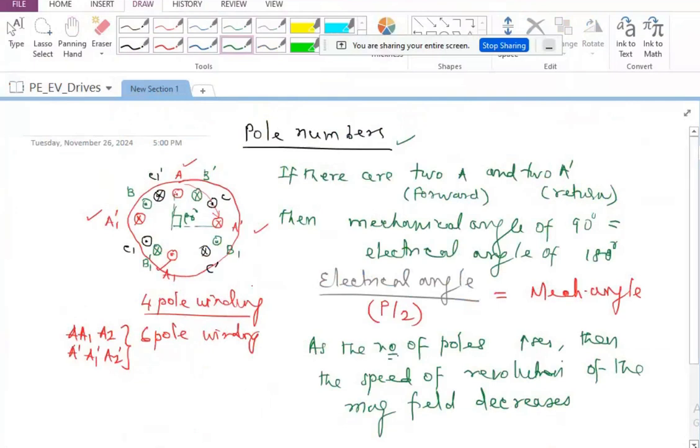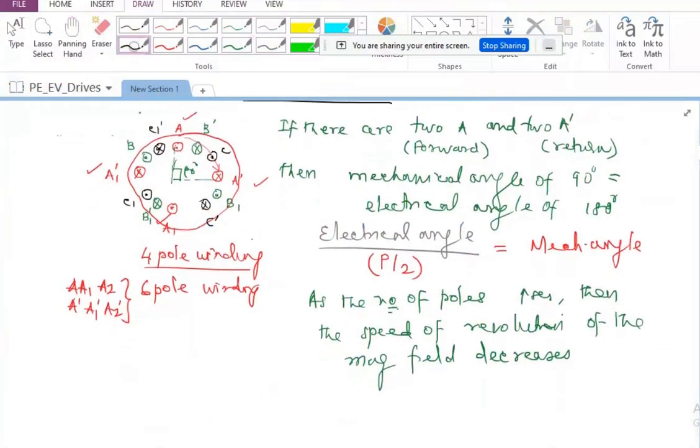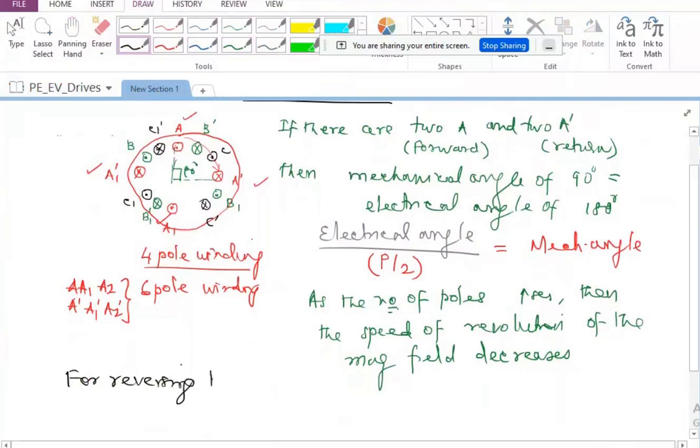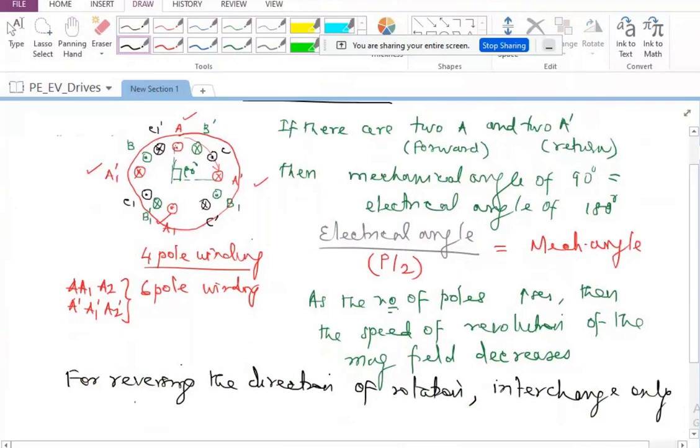So we should be able to say that for reversing the direction of rotation, interchange only two phase currents.